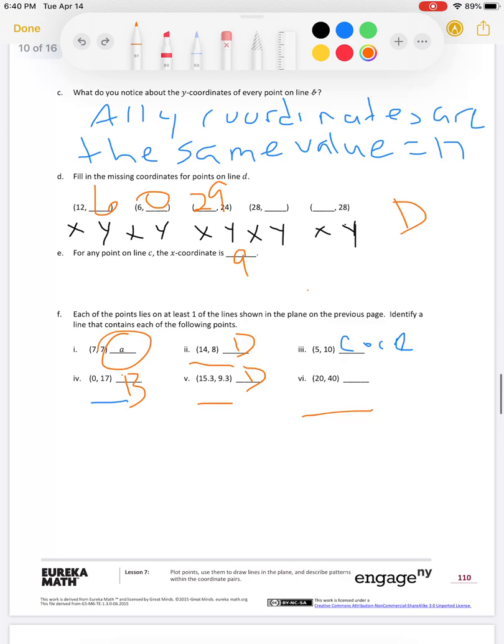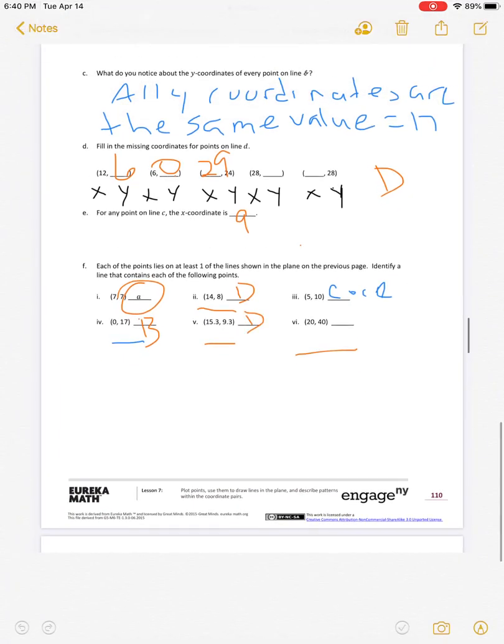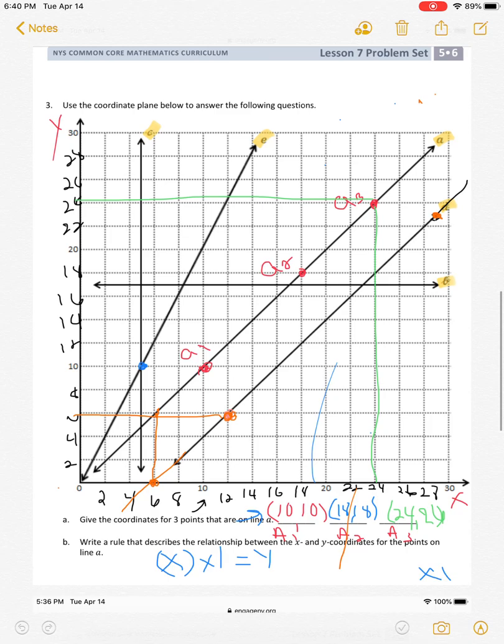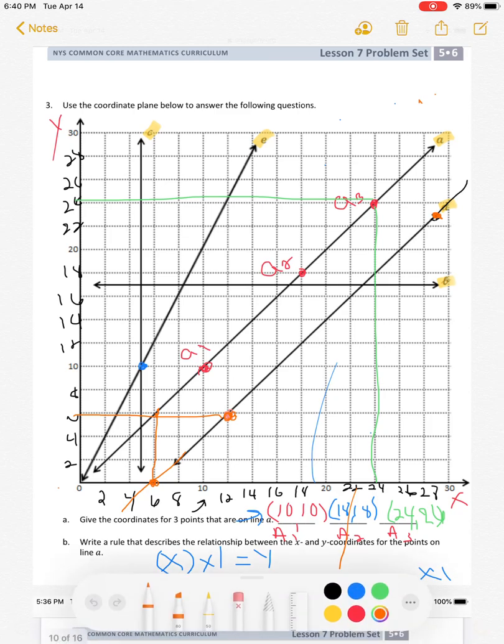All right, let's continue. 20 and 40. 20x, 40y. I'm getting excited because it's almost over here. Uh-oh, my screen is stuck. Here we go. 20x, 40y. Grab a tool.